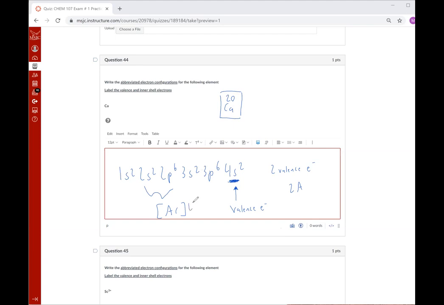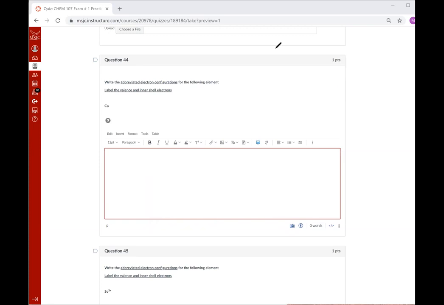So we'd abbreviate our core electrons as argon and write our valence electrons as 4s2. And this would be our complete abbreviated configuration. Does that make sense to everyone? Yes. Perfect. So now let's look at this next example.